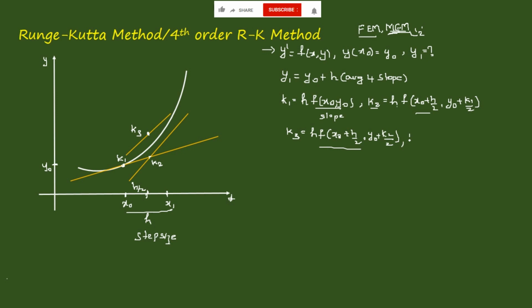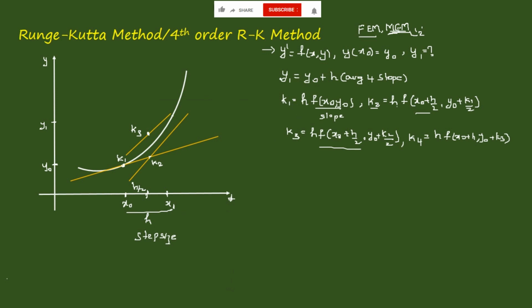again what you do is find the value of k4, which is equal to h into f of x naught plus h comma y naught plus k3. Here x naught plus h is nothing but x1, so at x1 we should get the value somewhere here as y1.